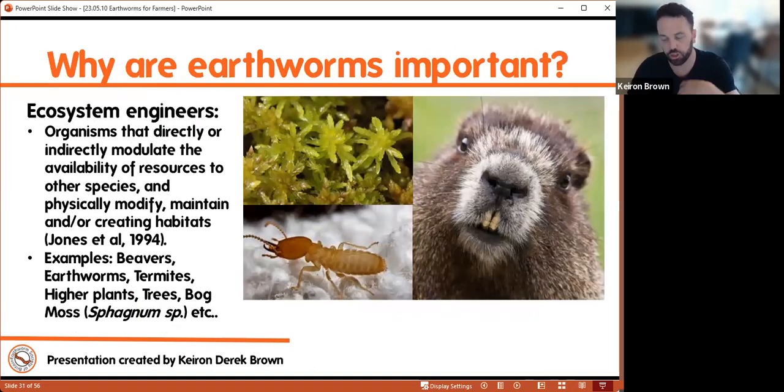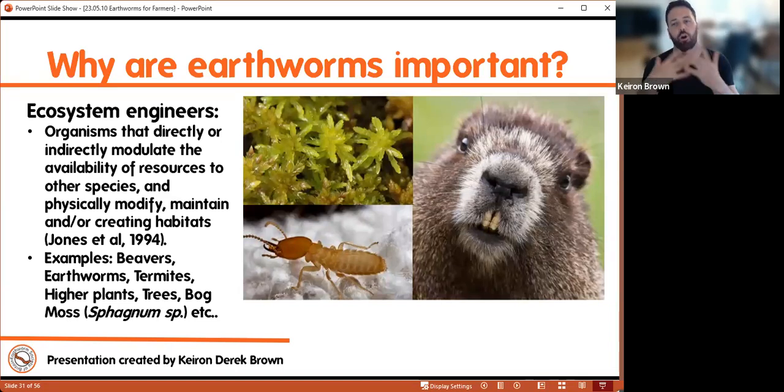So we've talked about some of the soil processes that they're involved with. I just want to introduce a term here called ecosystem engineers. So why are earthworms really, really important vital organisms within a healthy soil ecosystem? It's because they are an ecosystem engineer. And an ecosystem engineer is any organism that directly or indirectly modulates the availability of resources to create its own environment or habitat.